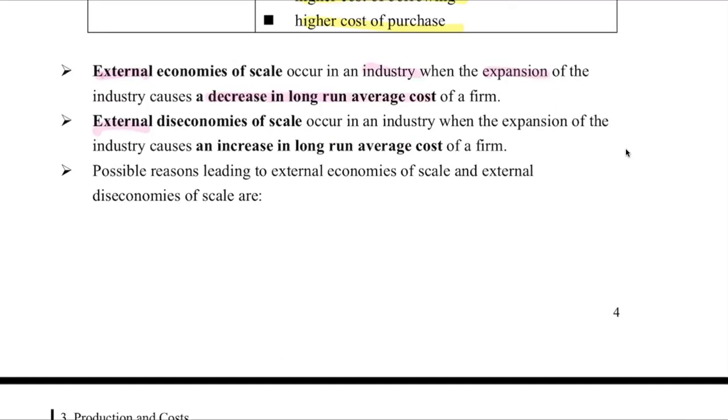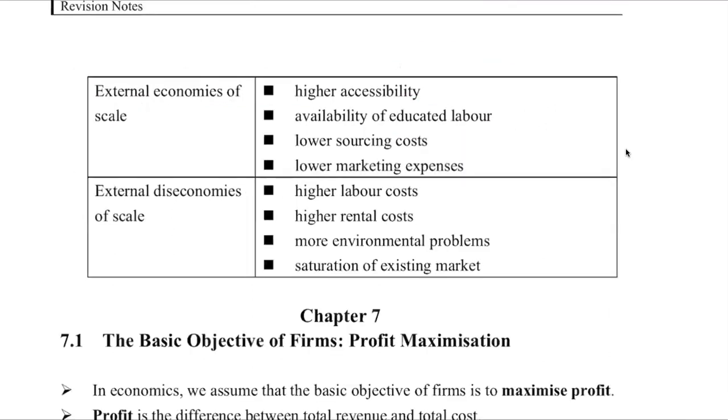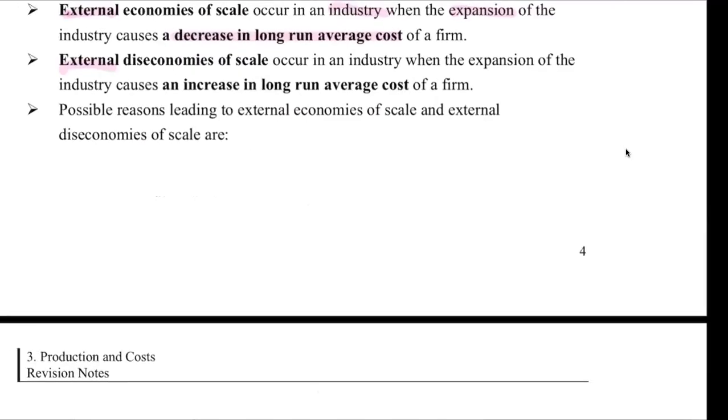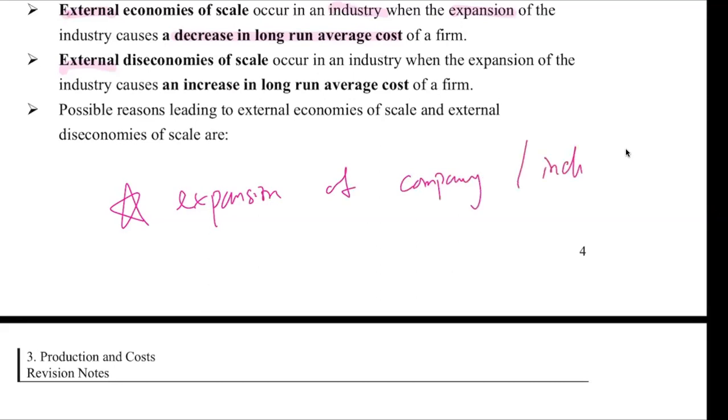I think one of the key skills is this: the question will most likely offer you a background scenario, so you have to identify whether it is the expansion of the company or of the industry.